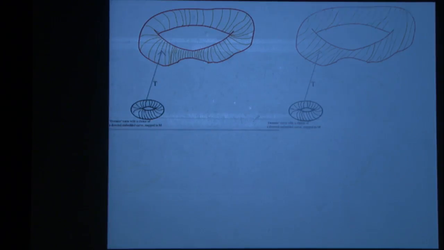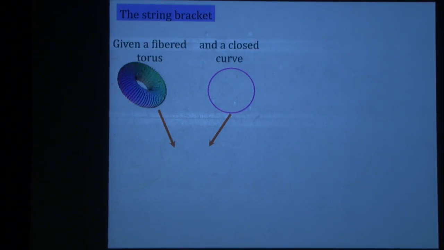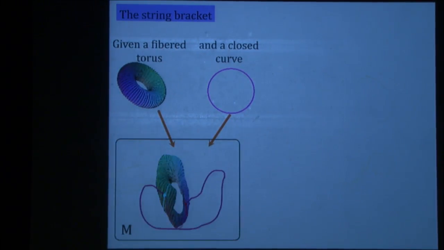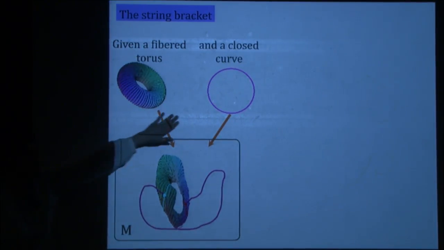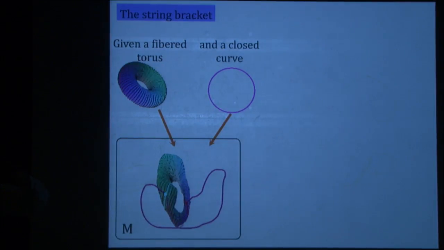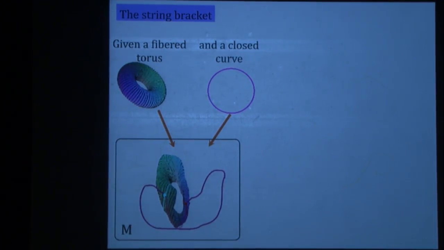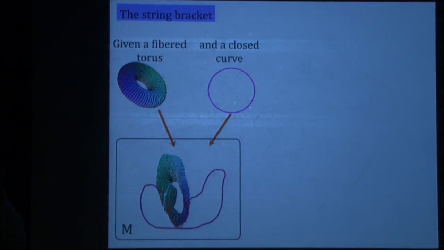Now I'm going to tell you how to define a bracket between two elements like this. It's the usual joke with mathematicians: we reduce to the above procedure. You repeat what you know how to do. You have one object, which is a map from the torus to the manifold, and the other object, which is a map of a circle. In your 3-manifold, since I have a 2-dimensional thing and a 1-dimensional thing, they may intersect in points, if I put my transversal earrings on.